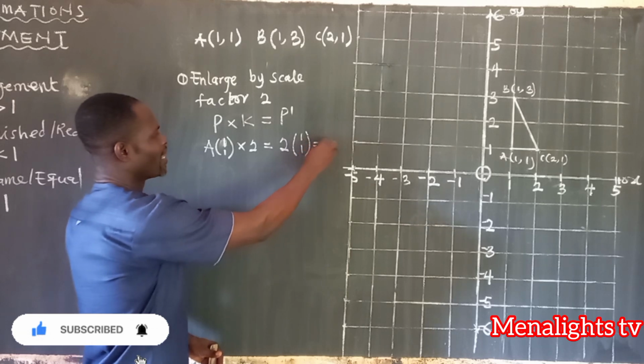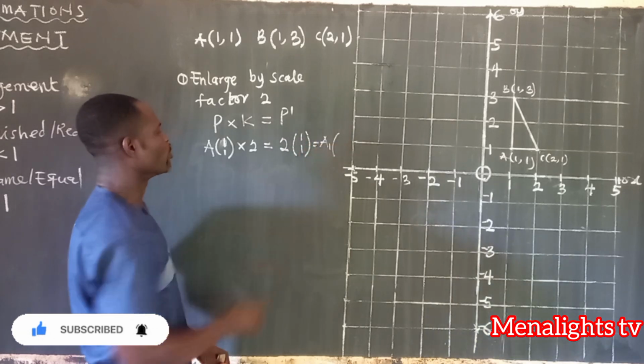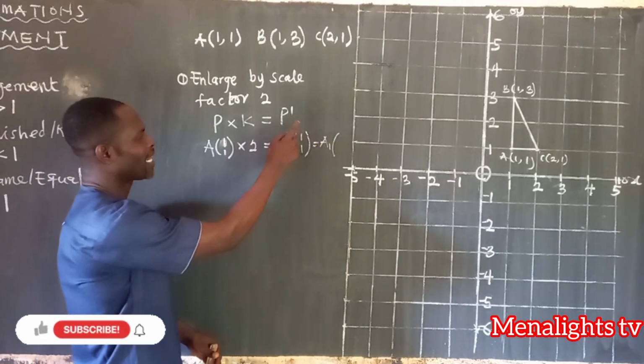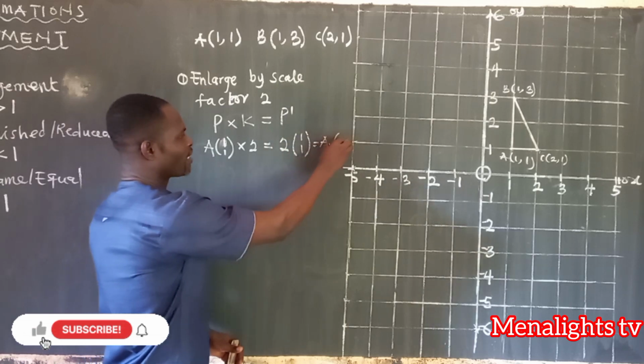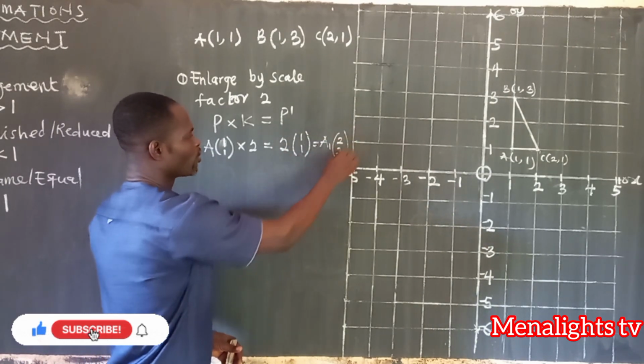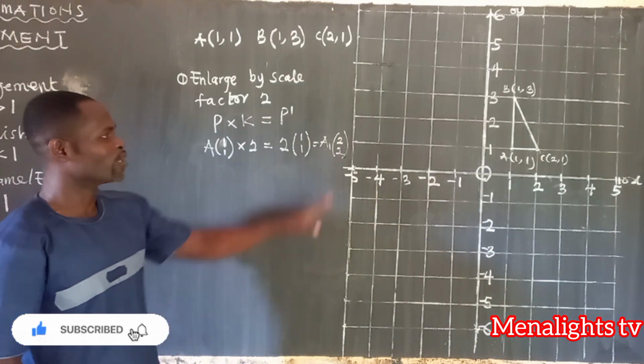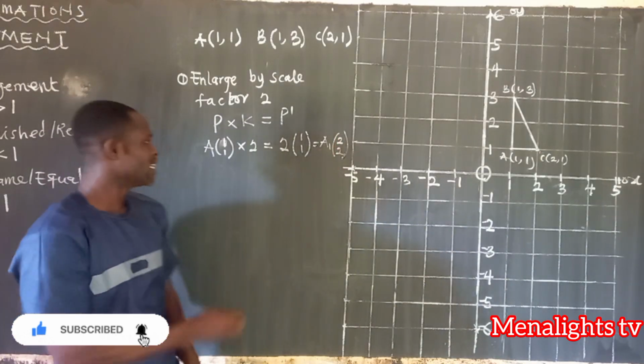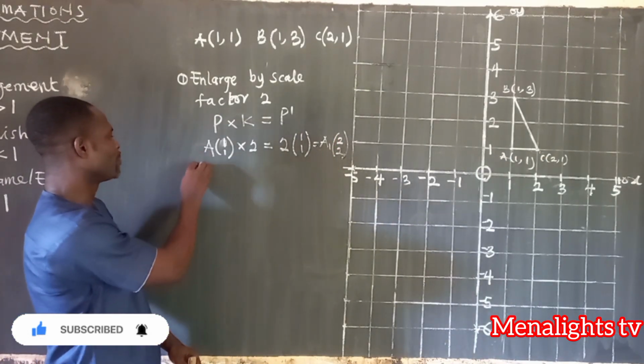The 2 will multiply 1 and give us 2, and then multiply the other 1 and give us 2. So our A1 is (2, 2).